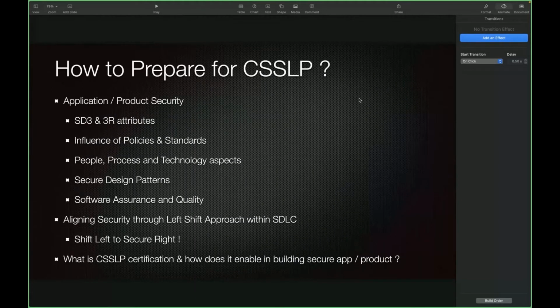So from an application security standpoint, for any application or software to be secure, the organization or the company must define policies which would drive the secure development lifecycle processes as part of the project development methodologies.